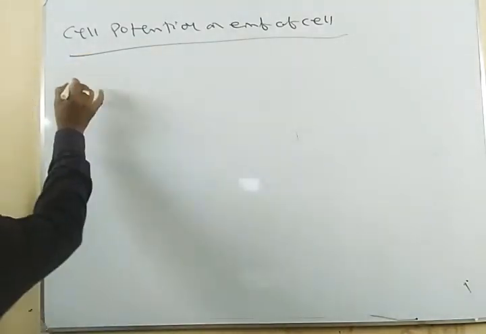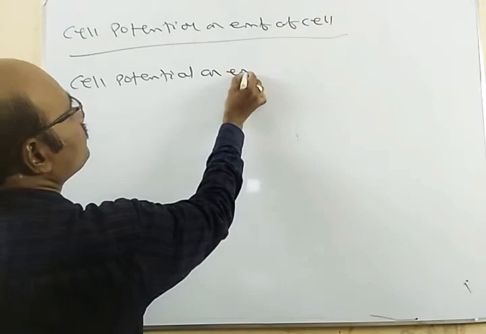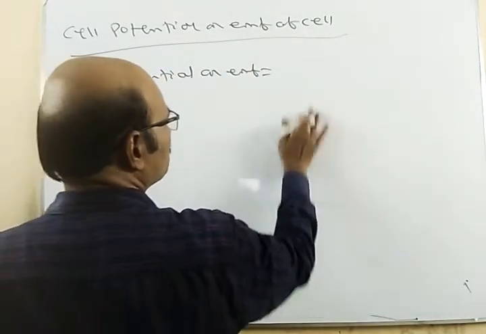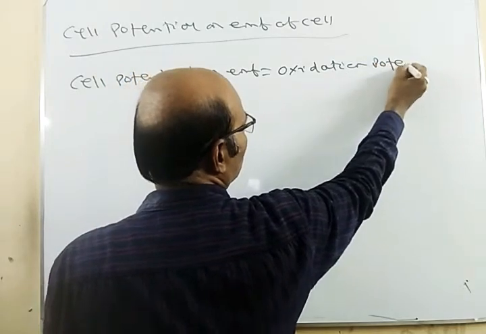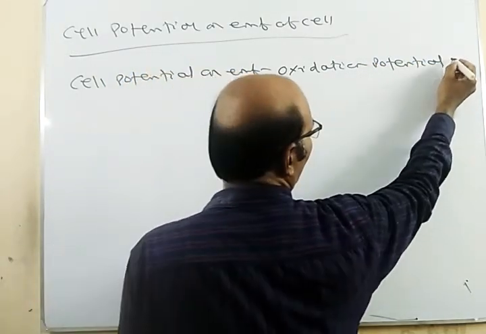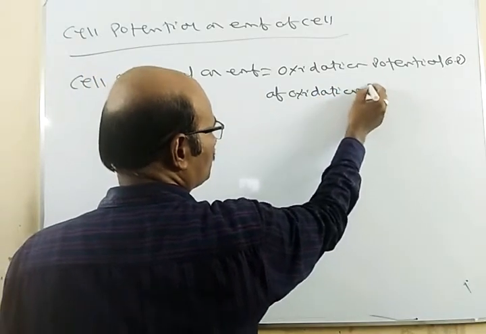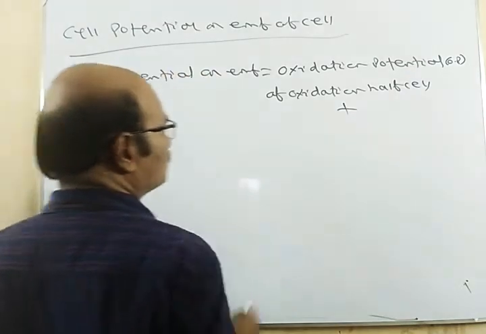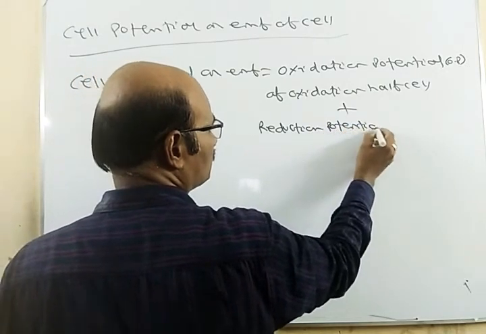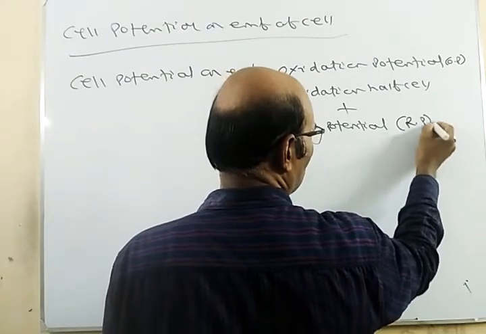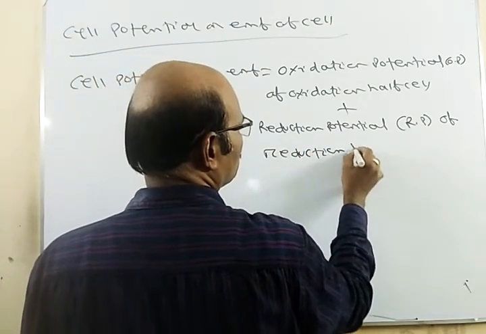Okay. So what we can say, the cell potential or EMF is equal to the oxidation potential (OP) of the oxidation half cell plus the reduction potential (RP) of the reduction half cell.